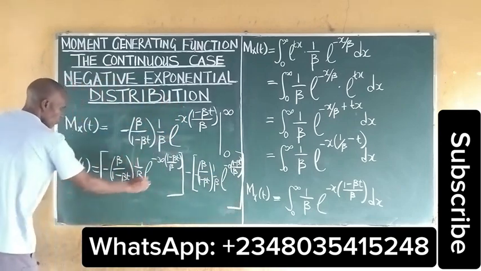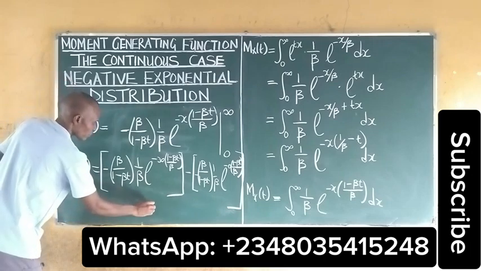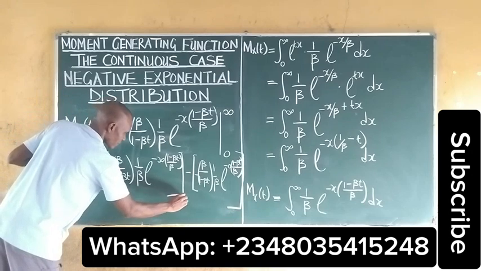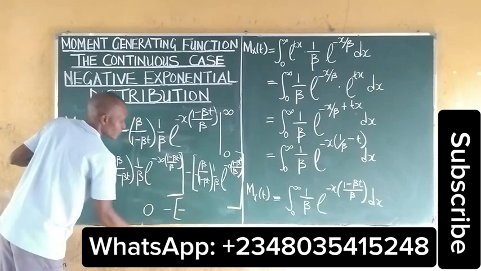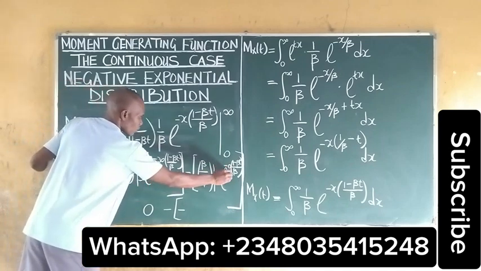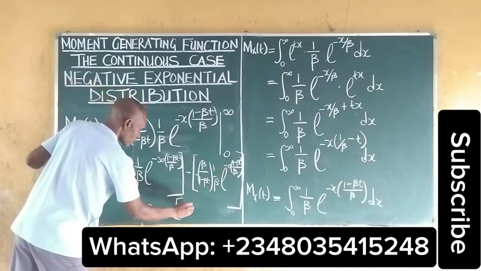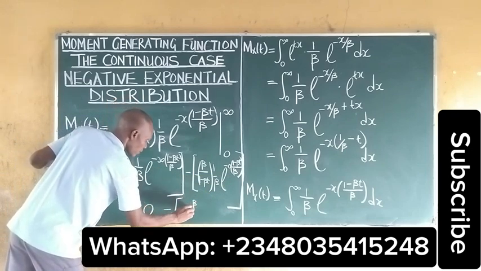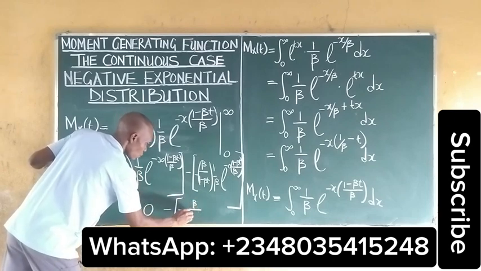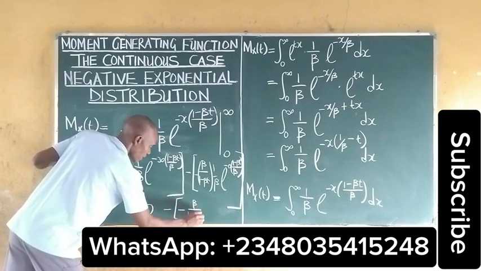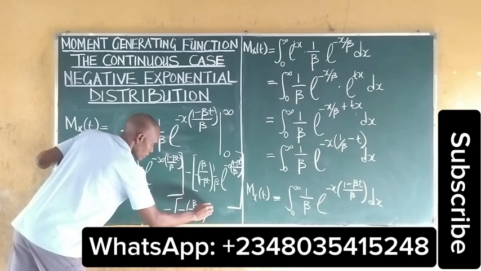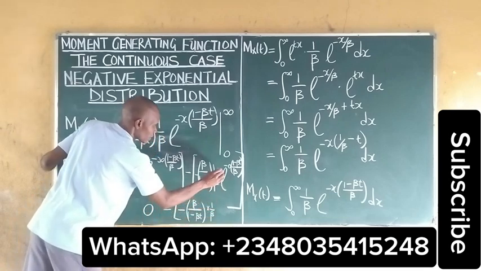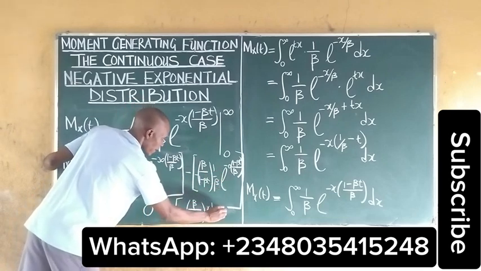Of course, the whole of this function will give us 0 minus, the whole of this is 1, so we get beta all over 1 minus beta t multiplied by 1 all over beta, which is this, multiplied by 1.